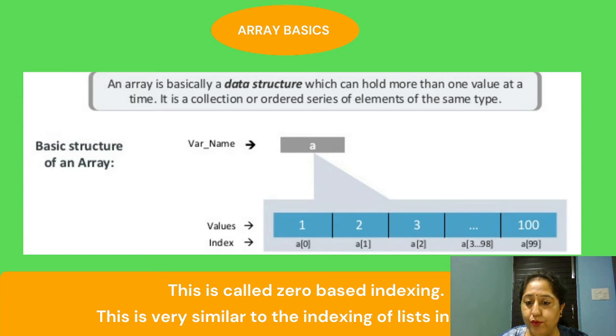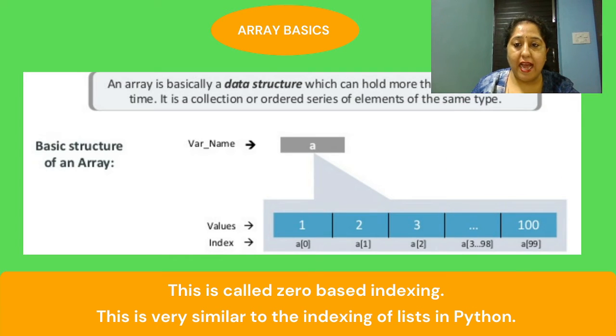One, the values which it can store, which is shown in the blue color, and the index, which shows the address at which the value is being stored. For example, it shows that at index 2, that is A of 2, we have stored the value 3. Likewise, at A of 99, we have stored the value 100.